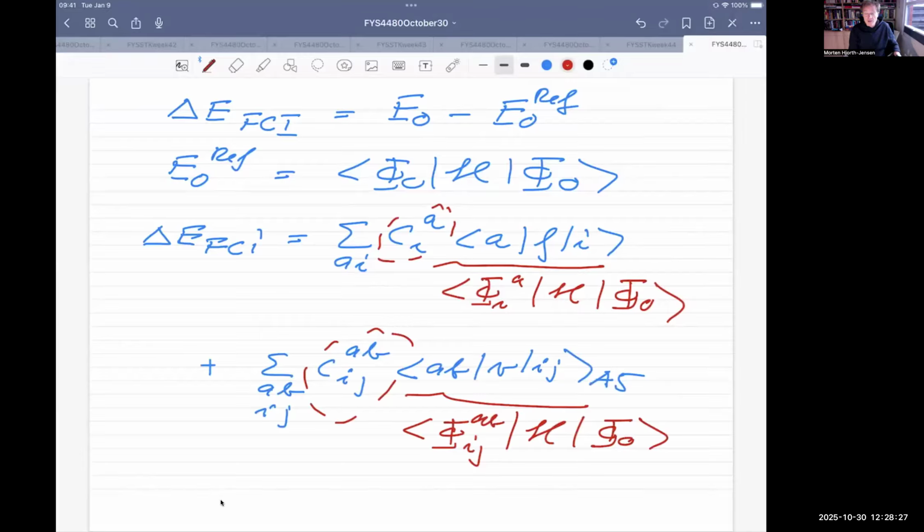Now, in a certain sense, when you have these eigenvectors, it's a waste of CPU cycles to calculate these terms, because you do actually get E0. And then you can always define the reference energy.